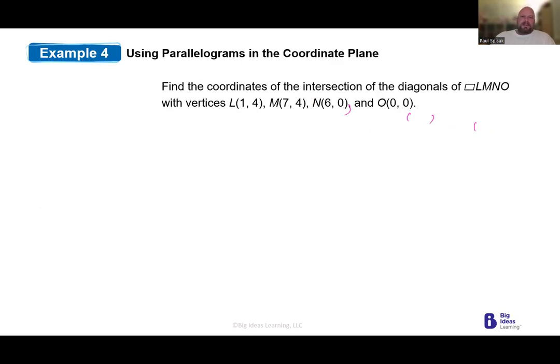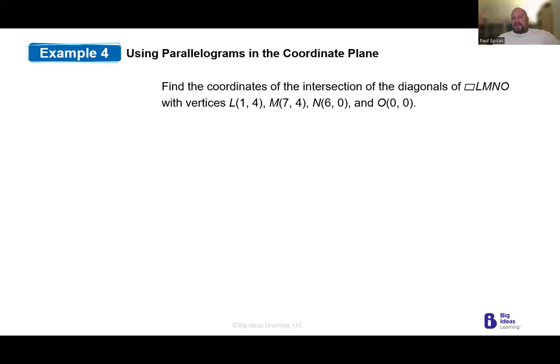All right. Now, this is the part that gets a little bit more challenging in this section, using parallelograms and coordinates. Find the coordinates of the intersection of the diagonals of parallelogram LMNO with vertices at L, and they gave us all the different points there. So we have to think through our different theorems that we just went over and which one would allow us to find coordinates of where these two diagonals intersect.